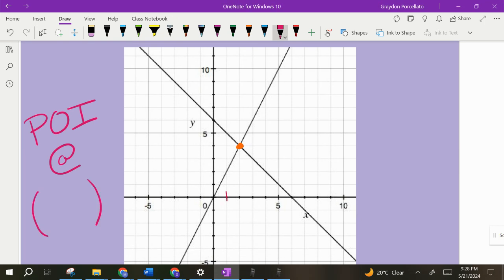So this is over 2, so that's an X coordinate of 2 and a Y coordinate of 1, 2, 3, 4. So that point is (2, 4). Or a POI, a point of intersection, at (2, 4). So you can see that if we graph two lines, it's pretty clear to see where that point of intersection is. So now the challenge becomes, do we remember how to graph?